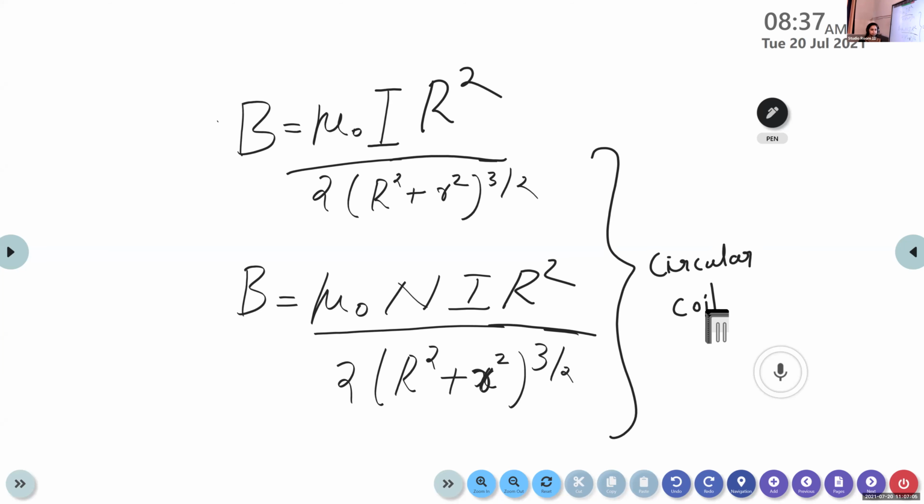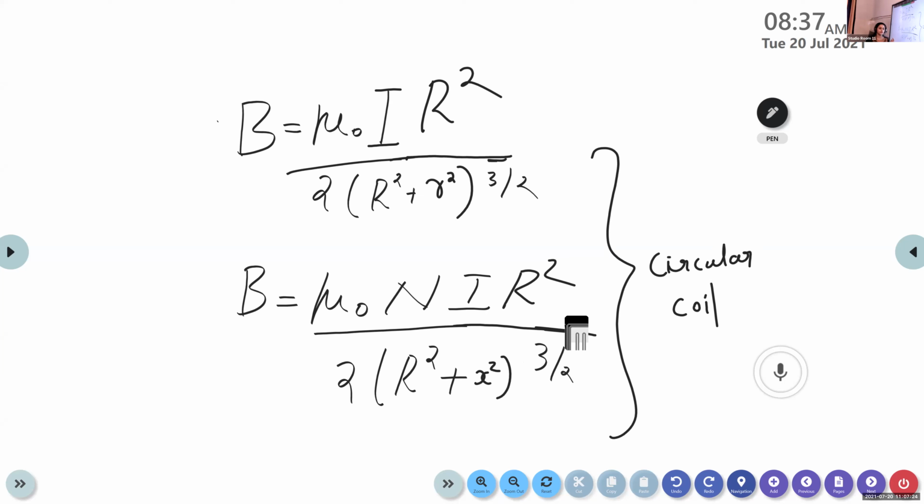But yesterday we used X. Yes, here we have X, right? R square plus X square the whole raised to 3 by 2. Here also R square plus X square the whole raised to 3 by 2. Okay, so this is the equation for the circular coil.